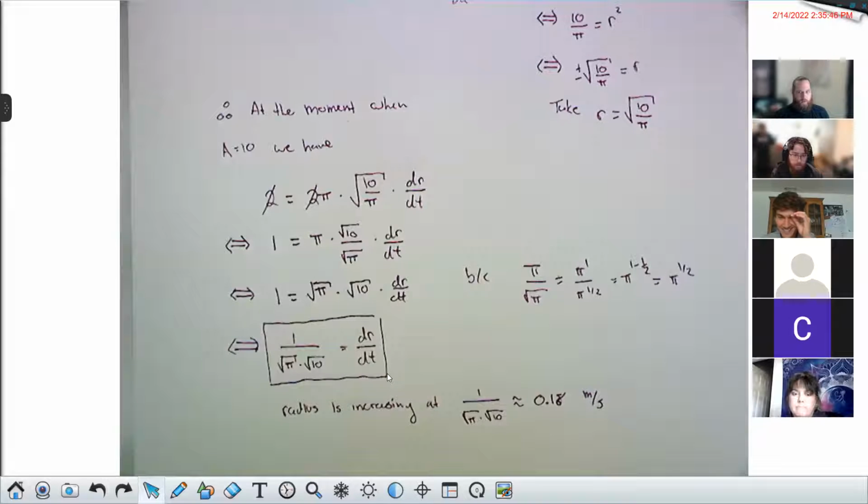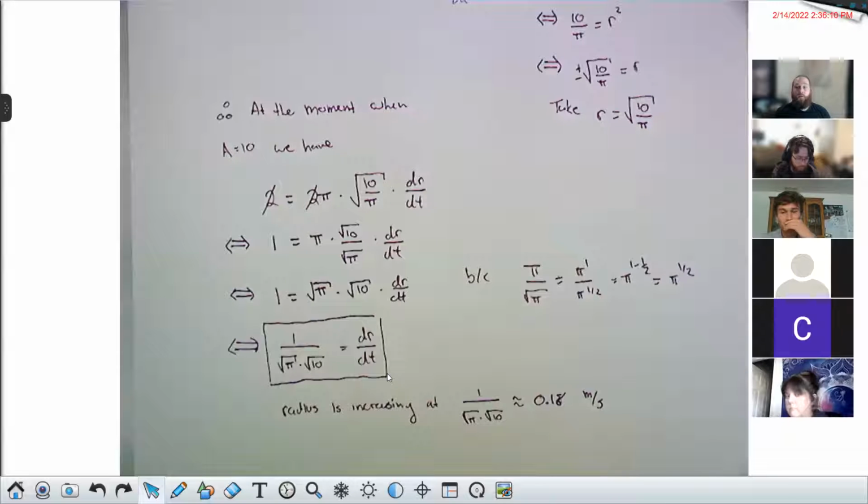No, that's good. So that was the area, and those are the two rates that are related to each other. dr/dt is the rate of growth for the radius, and dA/dt, which was 2, is the rate of growth for the area. And those are the two rates which are related through this geometry. Oh, okay. All right, thank you. Yeah, of course. That's kind of the crux of the thing. Glad you asked.